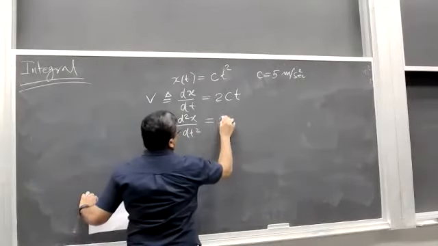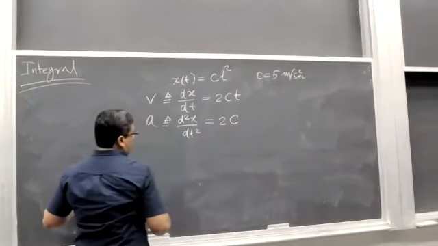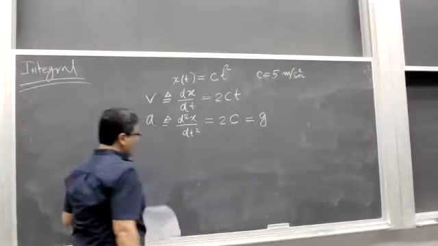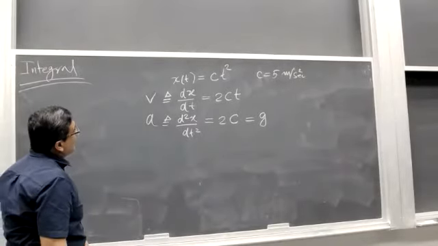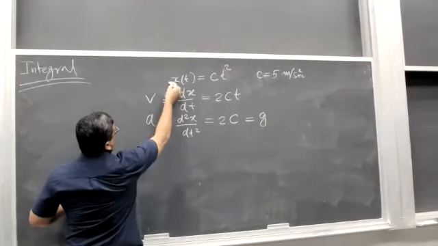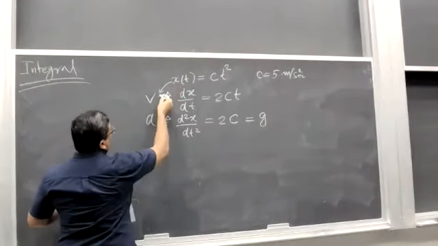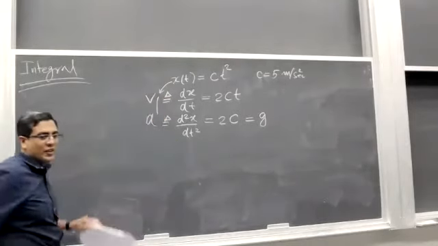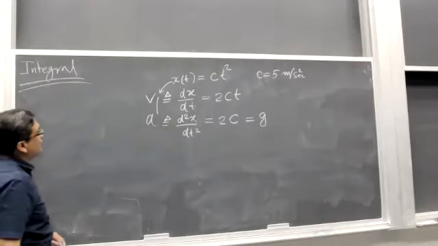That turned out to be 2c, which we recognized is nothing else but g, the gravitational acceleration. So you see, we go from position to speed using a derivative, then from speed to acceleration using another derivative.